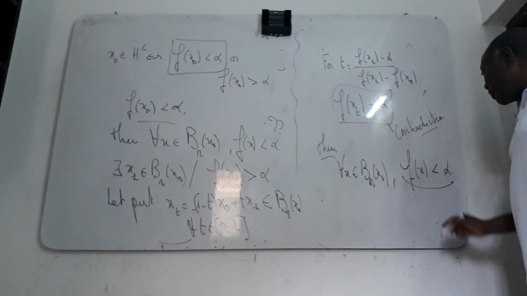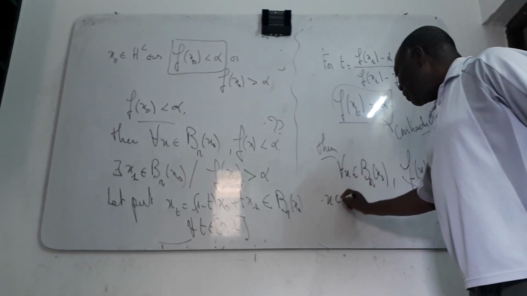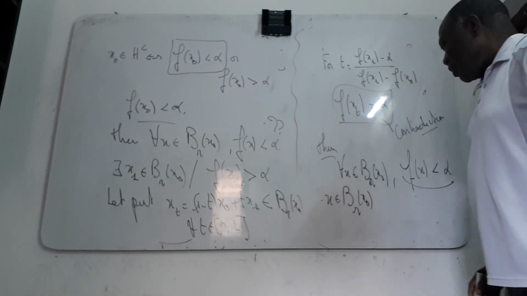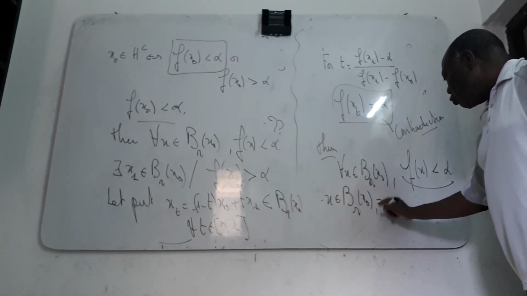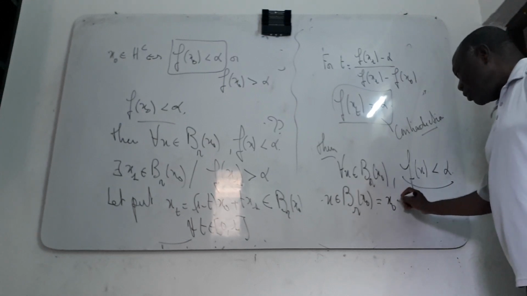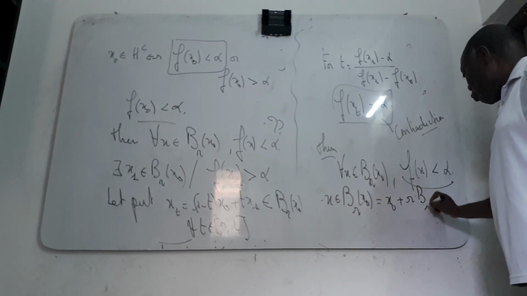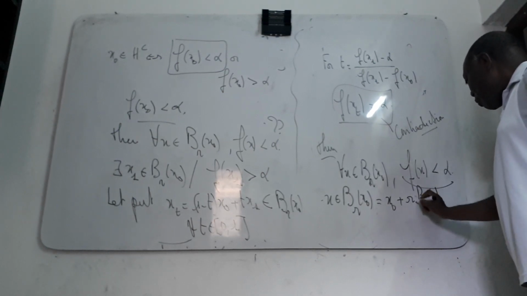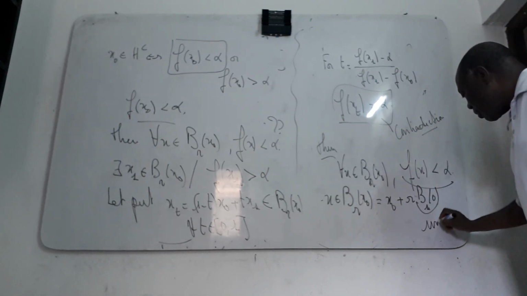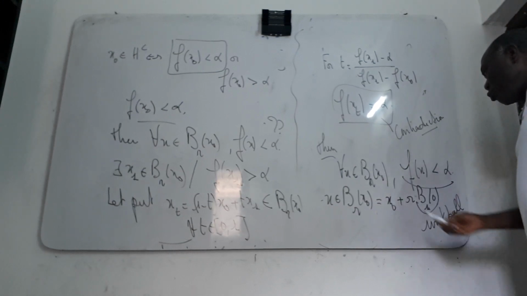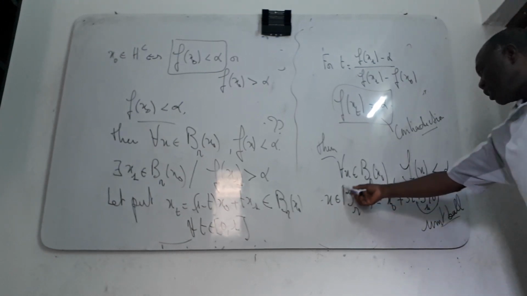If x is in the ball, we know already that this ball is equal to x0 plus r B1 of 0, the unit ball. When you consider this, if x is here, this ball can be written like this.